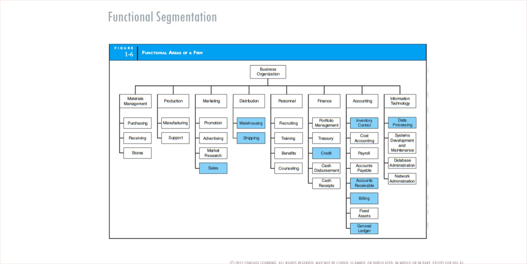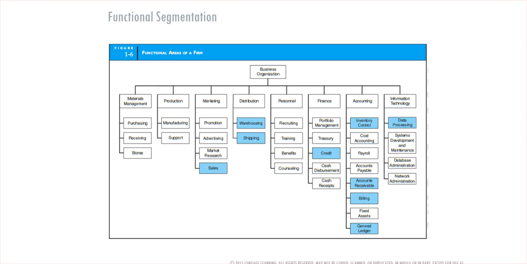You have inventory, accounts receivable, billing, and general ledger. So I'm arguing that this is general ledger financial reporting accounting. And then over IT, you have data processing, and this means transaction processing is what they're talking about.